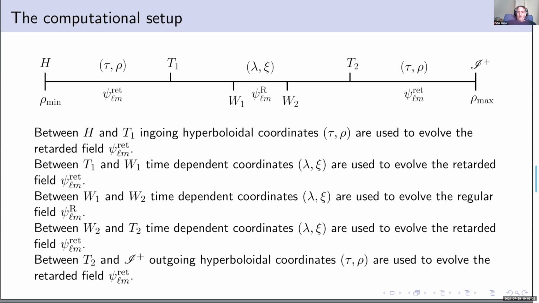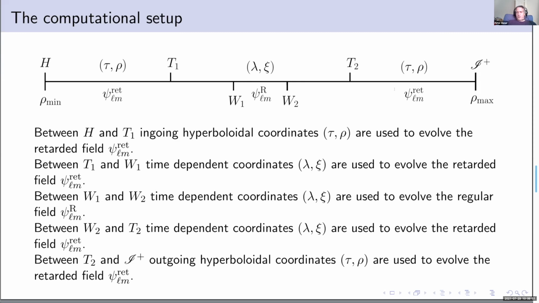Then between W1 and W2, the boundaries of the world tube, we are evolving only the regular field, also in the same time-dependent coordinates. On the outside again, between W2 and T2, we are evolving the full retarded field in the time-dependent coordinates.